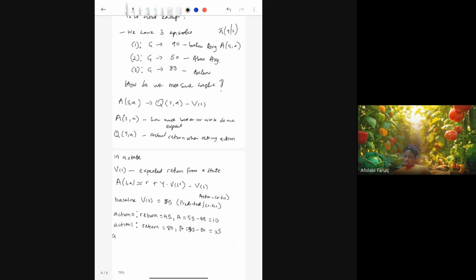Let's say action 2 is being taken. Return is actually 95. Then the advantage equals 95 minus 55, and that's going to give us 40.